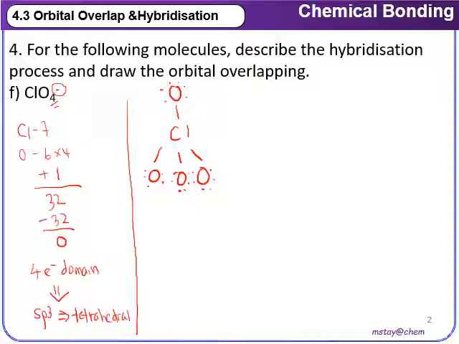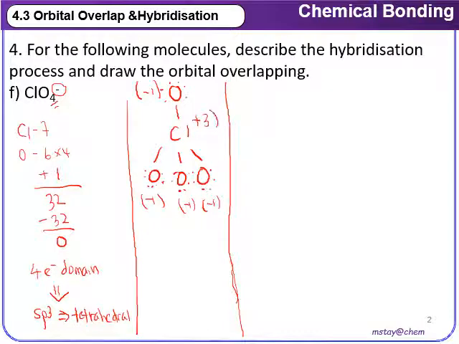Because the ion has a charge, we need to calculate the formal charge. Each oxygen with 1 single bond has a formal charge of -1. Chlorine has 7 valence electrons and 4 bonds, so 7 minus 4 gives +3. The total formal charge is -1, which matches the charge shown.